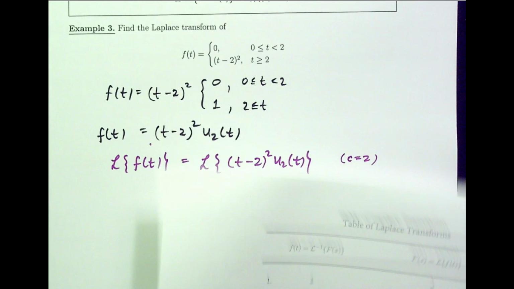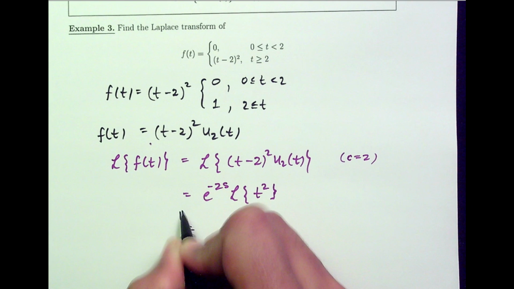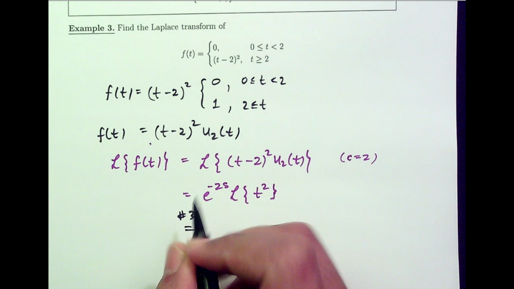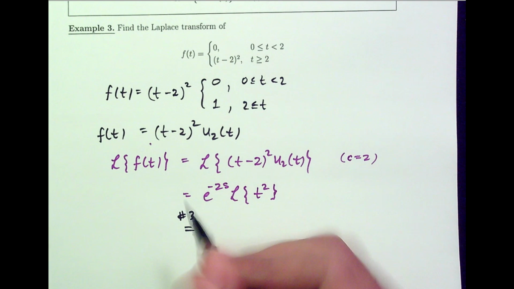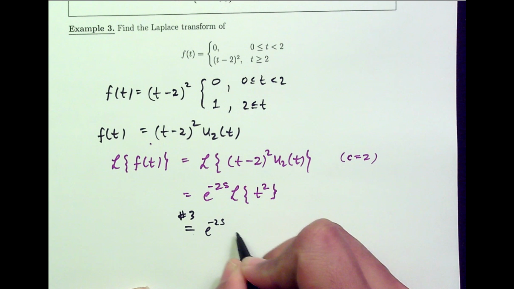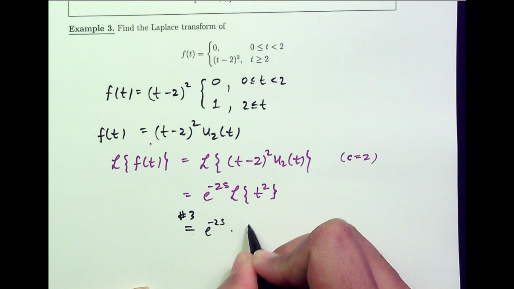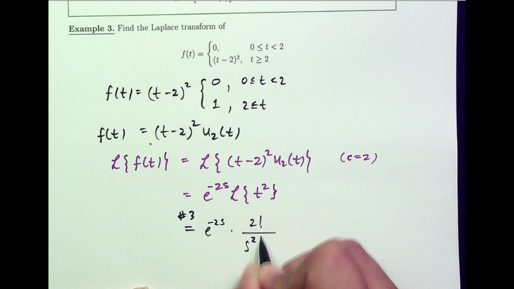So I'm going to use number 3 in the table of Laplace transforms and say that this is equal to e to the minus 2s times 2 factorial from the table over s to the 2 plus 1.